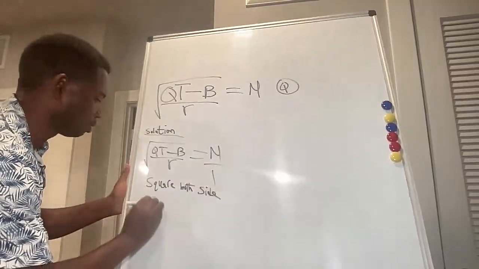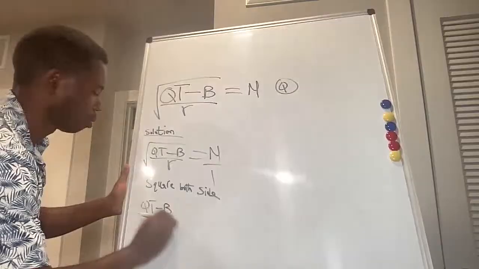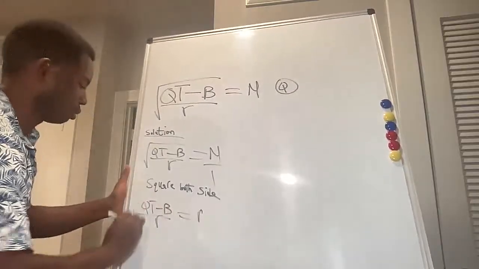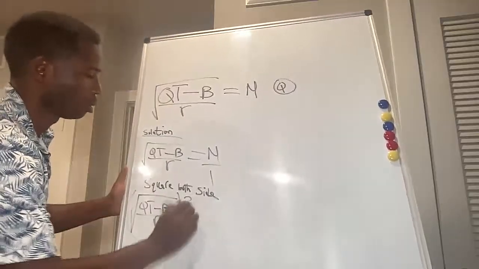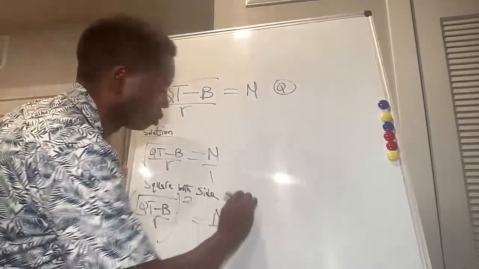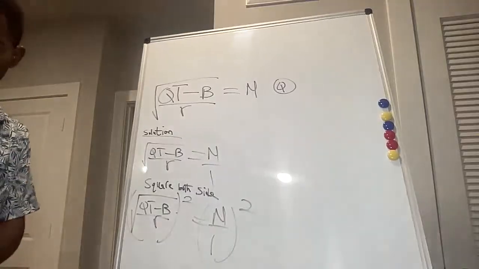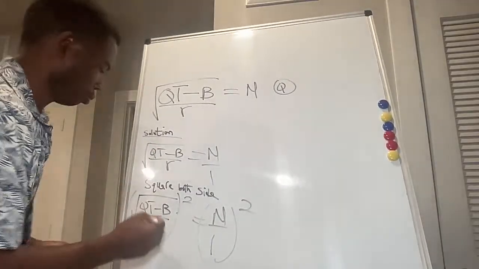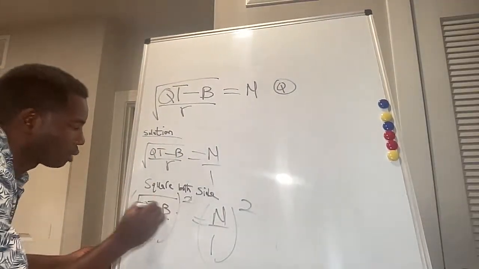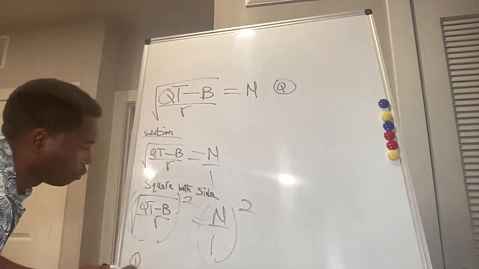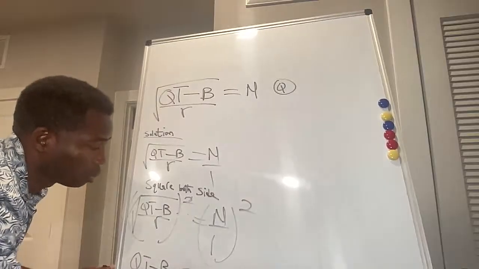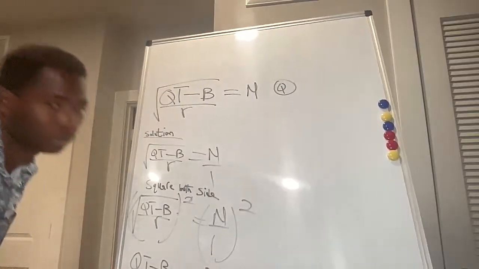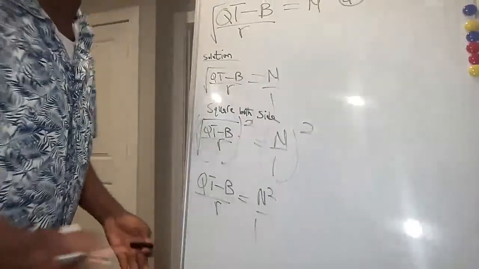So we have qt minus b over r is equals to, now take square root, square over 2 is equals to n over 1, 2 over 2. 2 cancel 2. We have qt minus b over r is equals to n square over 1.